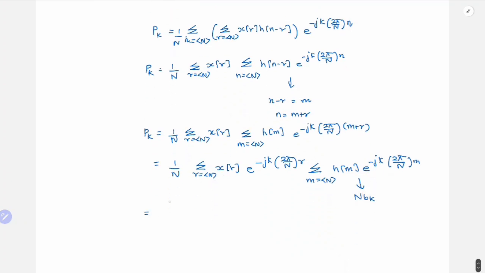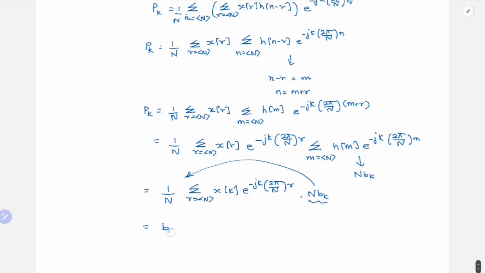And what is this? Okay, first let me write this down. e power minus jk 2 pi over N into r into N bk. So this is constant, I can take it outside.